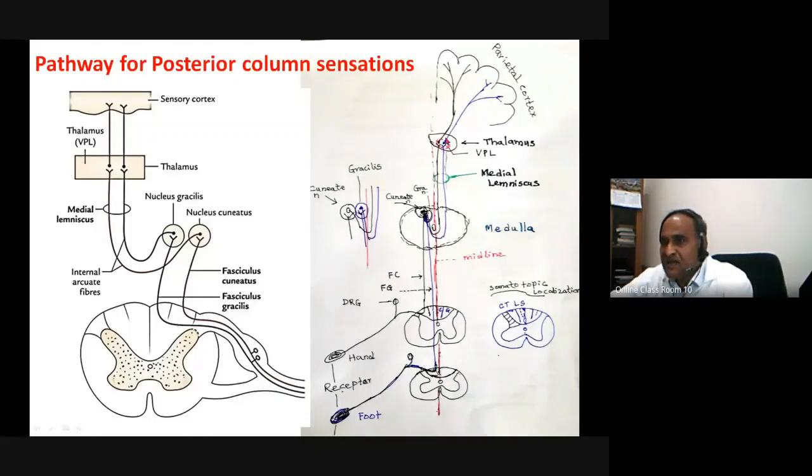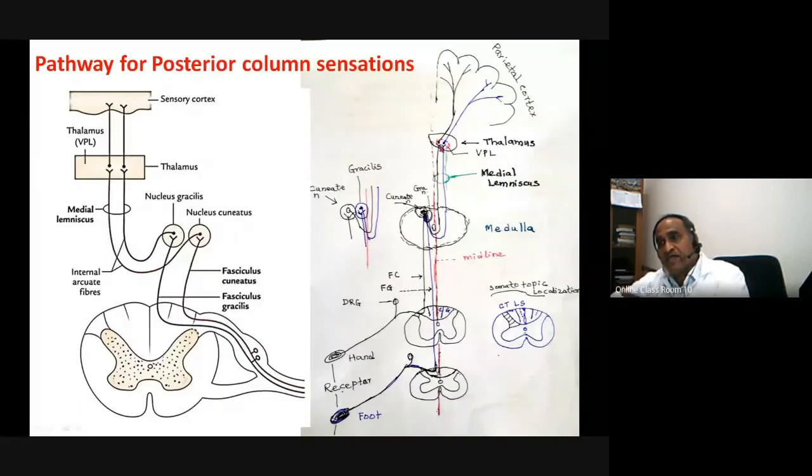Then this one ascends as a bundle, the medial lemniscal bundle, also known as the lemniscus. Lemniscus is a ribbon, a ribbon-like structure that reaches the thalamus. In the thalamus, we have a specific nucleus called the ventro-posterior lateral nucleus, VPL, of the thalamus.